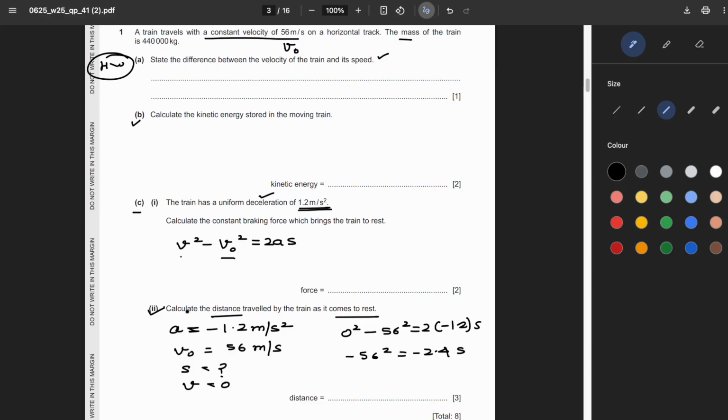The negative sign gets cancelled. I get 56 squared divided by 2.4. I will be getting my distance as 1306.66. Your answer has to be in meters. You must get the units right here. So when you talk about 1306, even if you write 1306 meters, that also works.